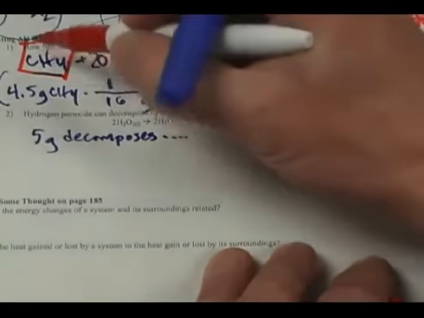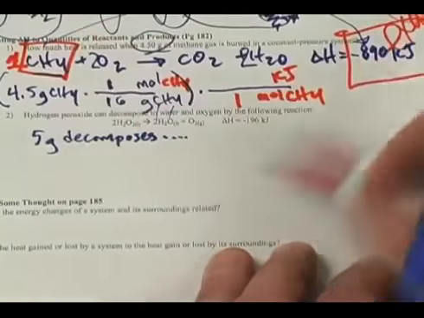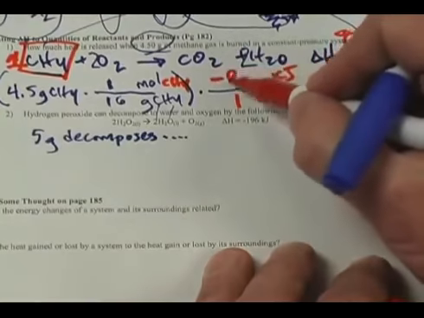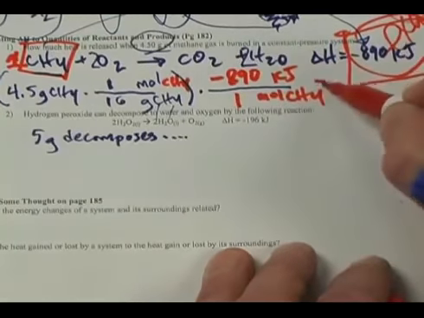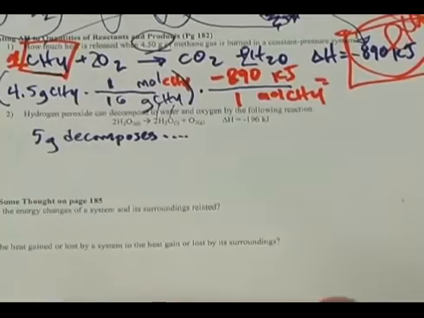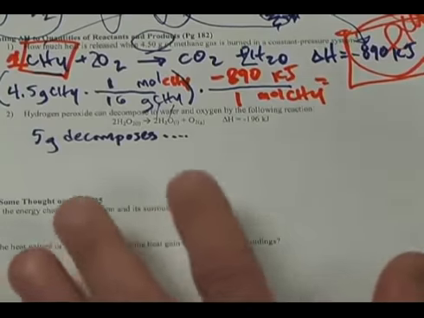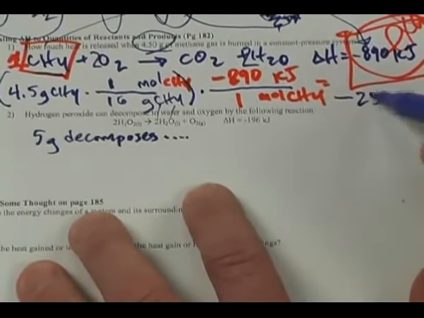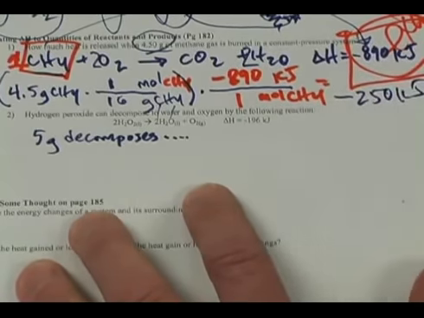And for every 1 mole, which is right here, 1, there are negative 890 kilojoules released. And if we take 4.5 divided by 16 times negative 890 kilojoules that are released, we'll find out that there are 250 kilojoules of energy released in this process.